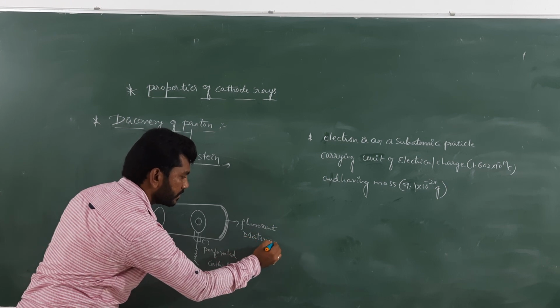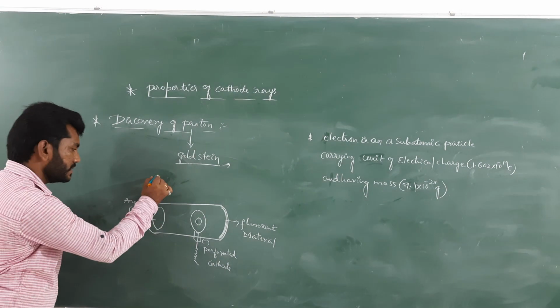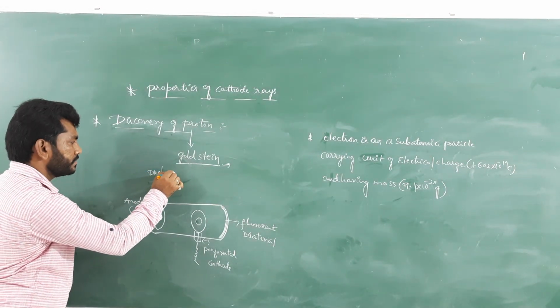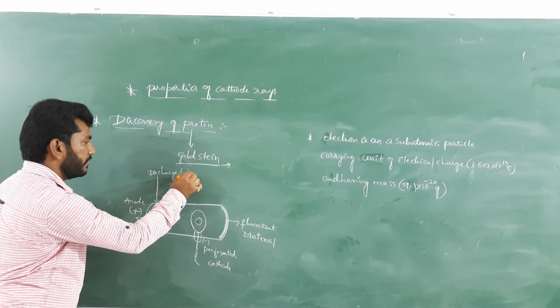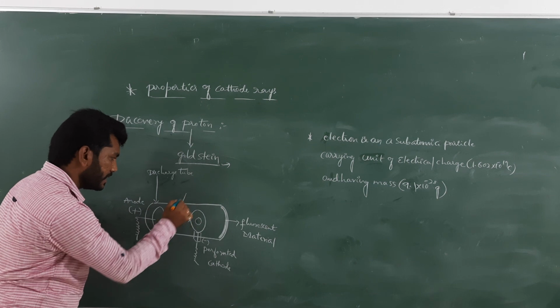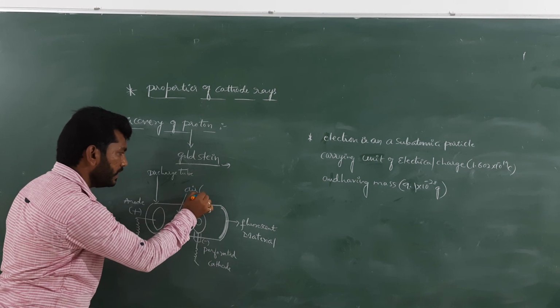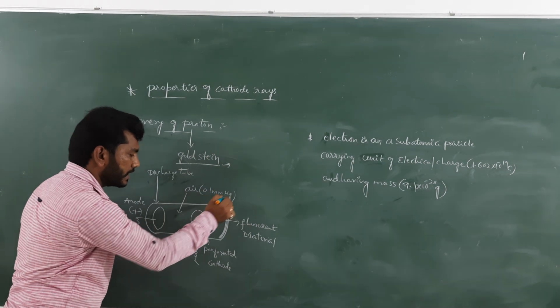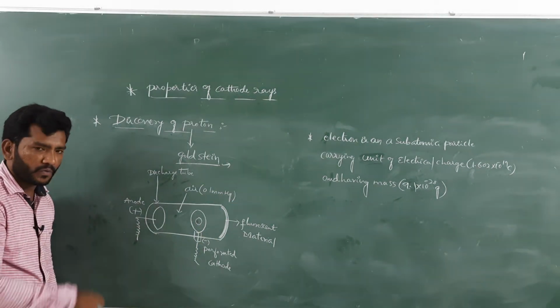This is the discharge tube, and it contains air, and the pressure would be 0.1 millimeter of mercury, controlled by a vacuum pump.